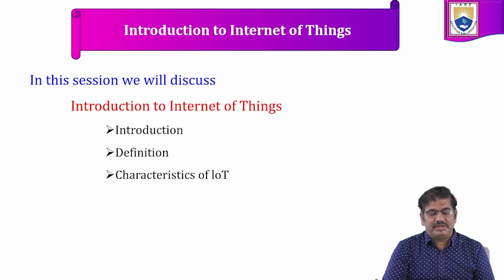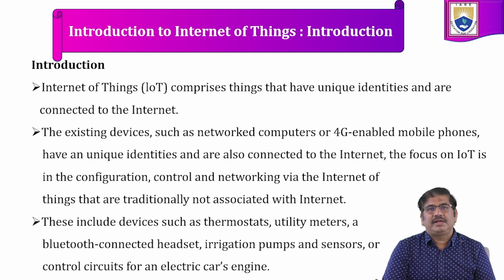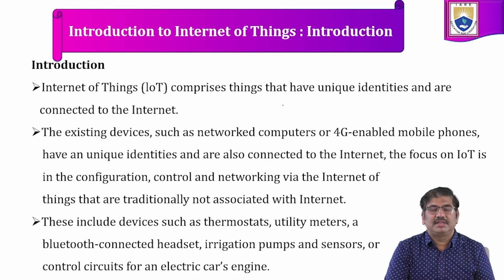Now, in this session, we will discuss the introduction of Internet of Things, where we are going to see its introduction, definitions, and characteristics of IoT. IoT, that is Internet of Things, comprises things that have unique identities and are connected to the internet.